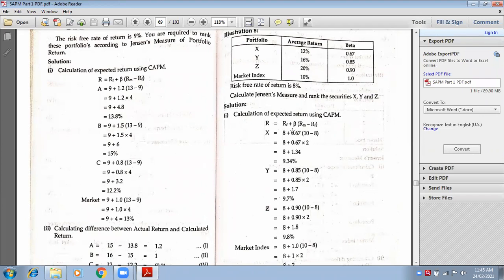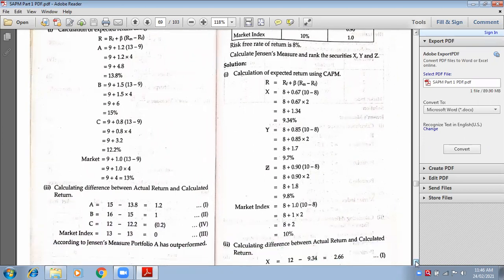Let me take an example of X. 8 plus 0.67 will be written the same, multiplied by, open the bracket, 10 minus 8 is 2. Now first multiplication, then addition. So 8 plus will be written the same until we solve the multiplication. 0.67 into 2 will be 1.34. So 1.34 plus 8 is 9.34.